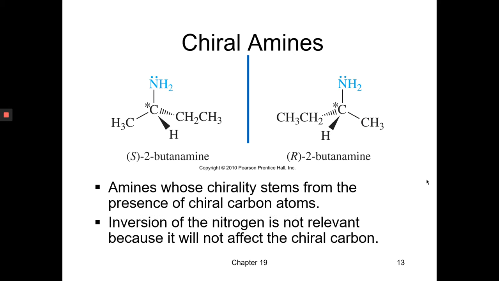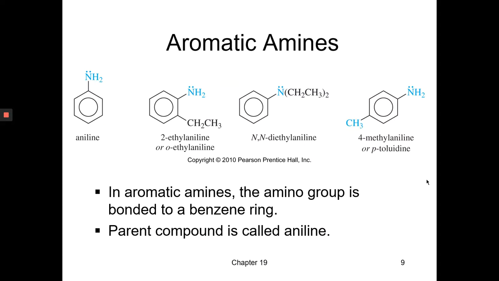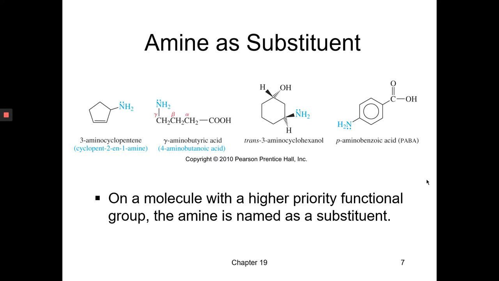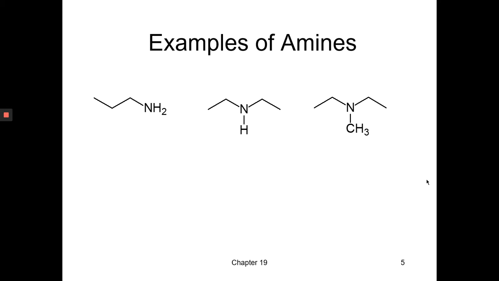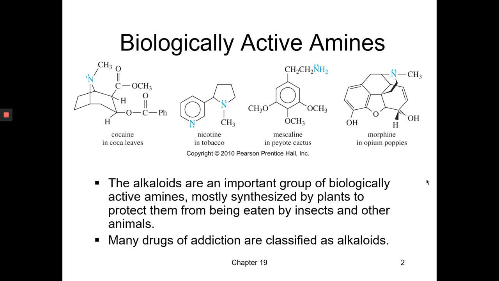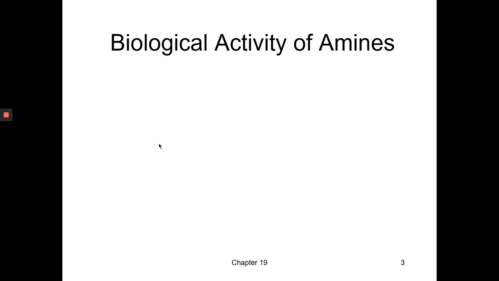Also, let me go back to the structures of the alkaloids here early on. If you look at, for example, morphine and cocaine, here it's not possible to invert, and this is especially true if the nitrogen is at a bridgehead.